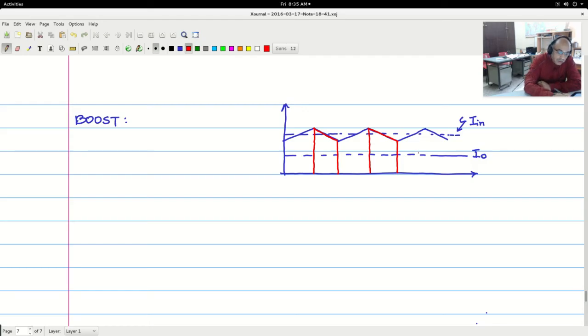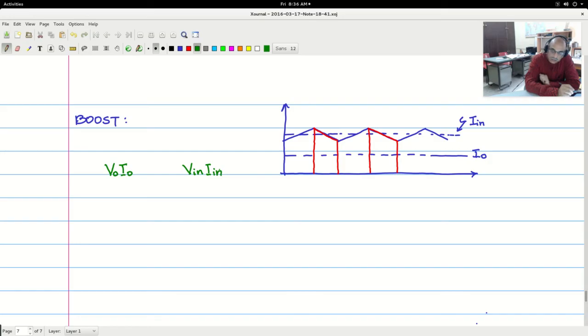Now, how are I naught and I in related? If V naught I naught is the output power and V in I in is the input power, we say that in the ideal sense there is no loss within the converter, because they are either switched components or we have other components which are L and C's.